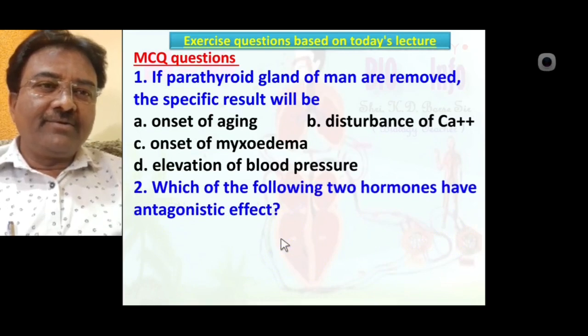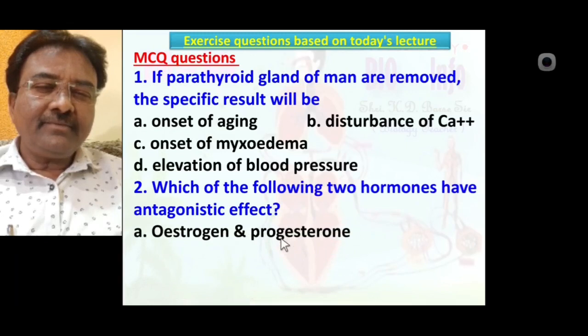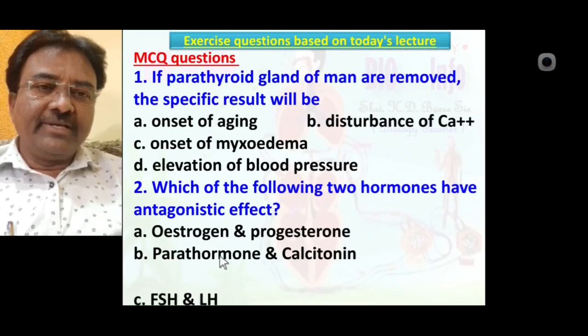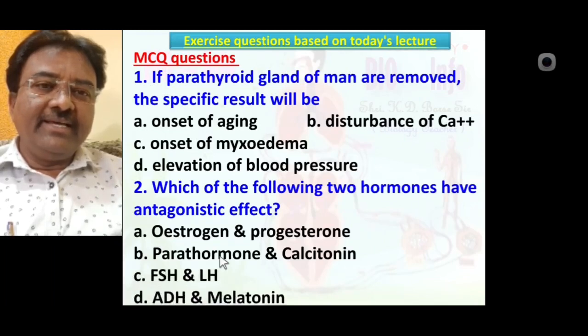Which of the following two hormones have an antagonistic effect? Estrogen and progesterone, parathormone and calcitonin, FSH and LH, ADH and melatonin. Yes, parathormone and calcitonin are hormones with antagonistic effect.